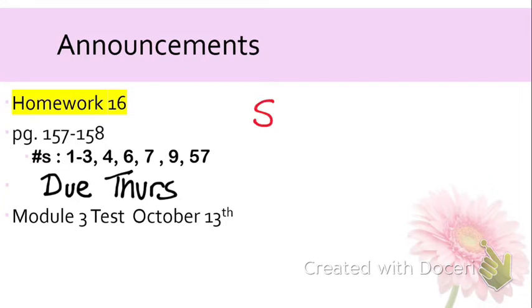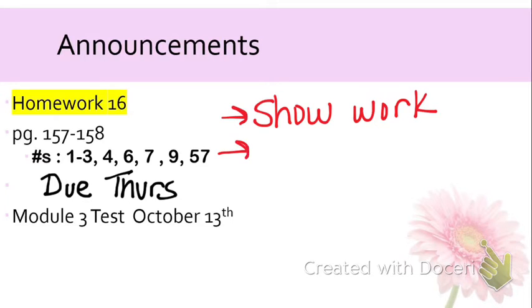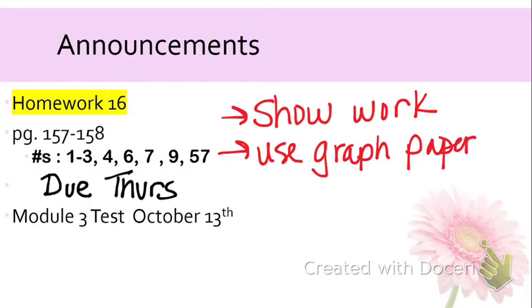You have to show work, and you also need to use graph paper to get full credit. We're going to go back to it, so maybe just put it off to the side. Now go ahead and copy down these numbers for homework 16. We're going to do 1 through 4 together, and then we're going to start our second lesson.